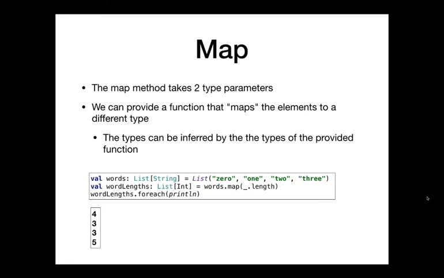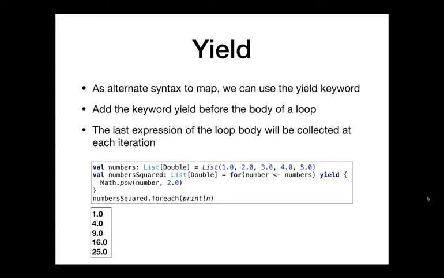Or what we saw earlier, yield. Yield is another syntax for map. Scala will actually take the yield keyword and convert that into a call to the map method. But it's a different syntax and can be helpful in certain cases, depending on your setup.